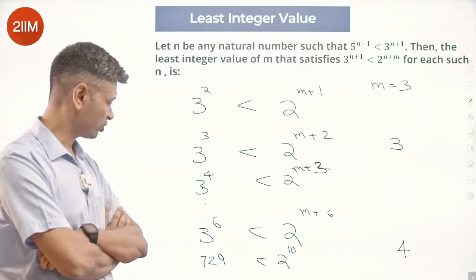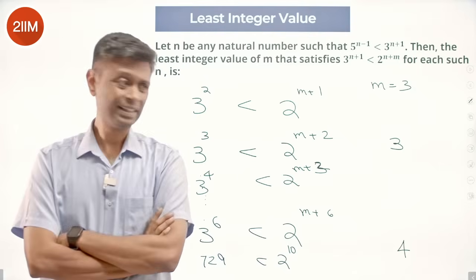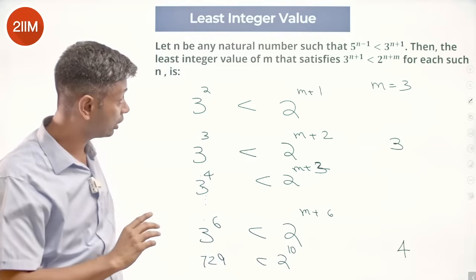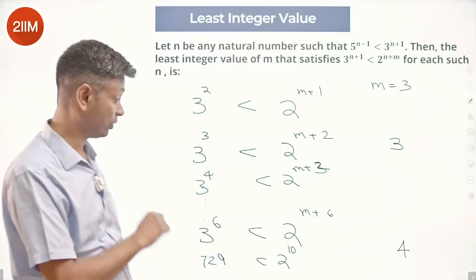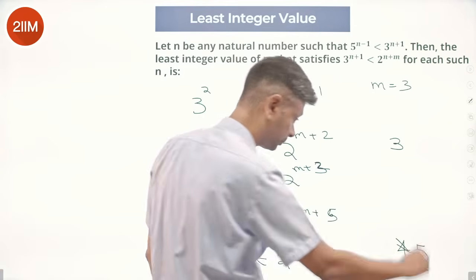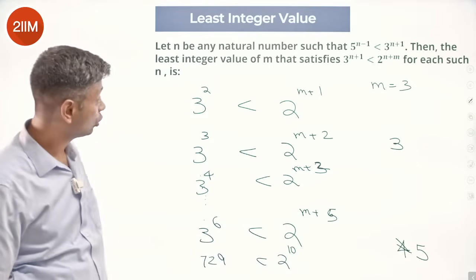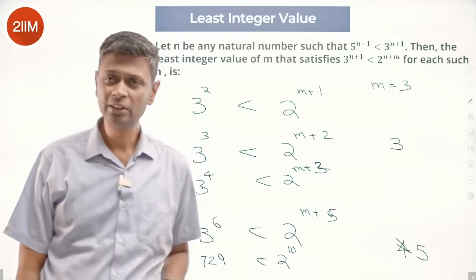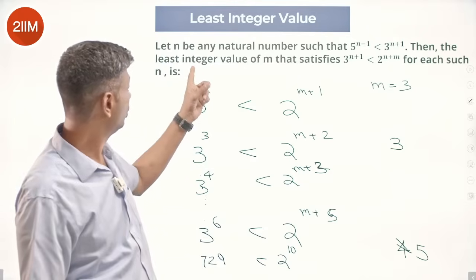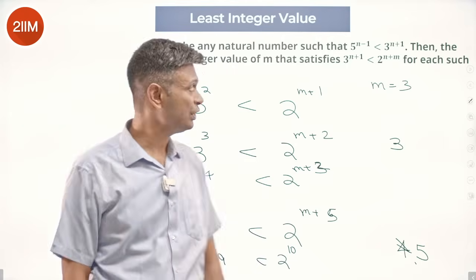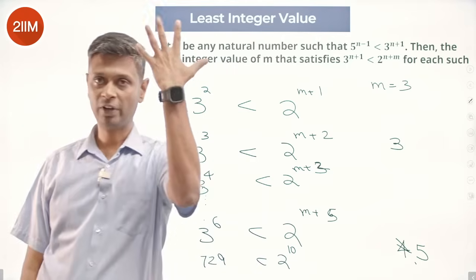So 3 power 6 is 729, less than 2 power 10, this is n plus m, it should be m plus 6, so m is 4, sorry, m is 5. Sorry about that. So the value of m that satisfies this for all such n is the smallest possible value for everything, which should be at least 5. The answer, the least value m can take is 5.